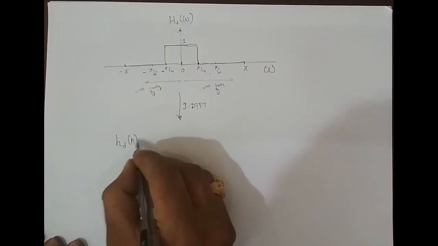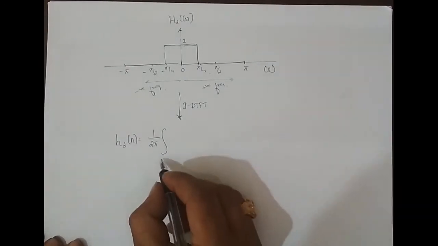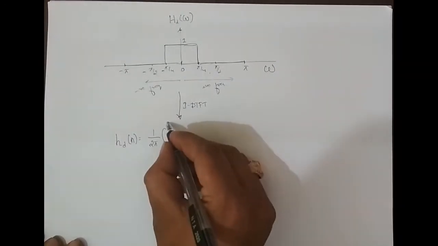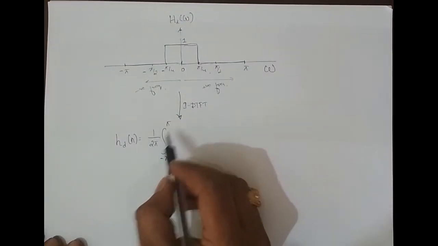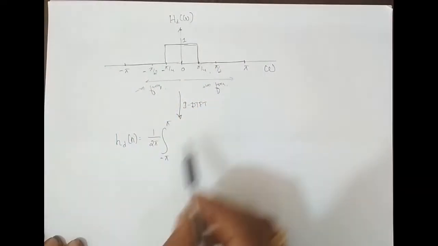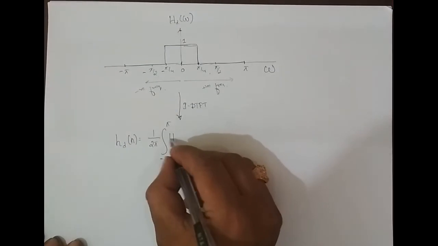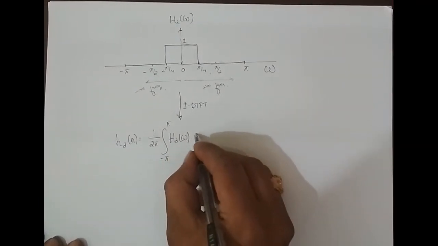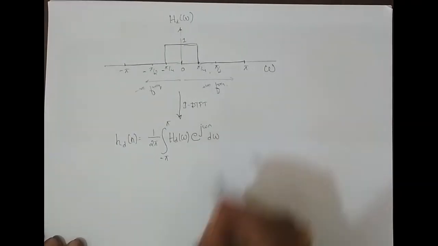Hd of n is equal to 1 by 2 pi, integrating over one period. I'll take minus pi to pi, I can take even 0 to 2 pi so that I cover one period, but since the specification exists from minus pi to pi, I'll take minus pi to pi. So it is Hd of omega e power j omega n d omega, right?